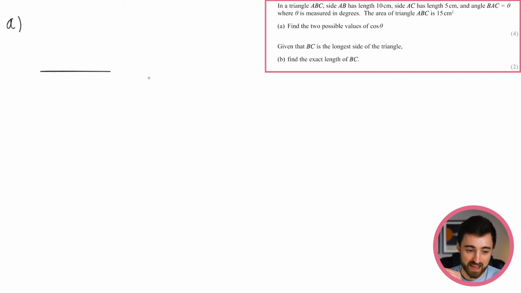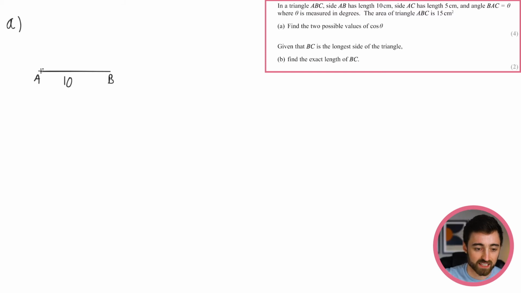If AB is 10, so I've got A, B is 10. Are there different possible ways of getting this? The first thing worth thinking about is AB has length 10, AC has length 5, but then we're not told what theta is.